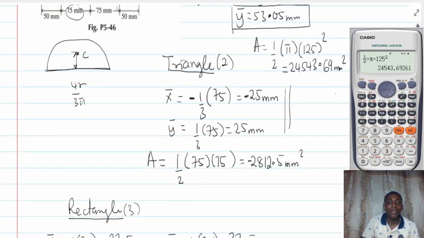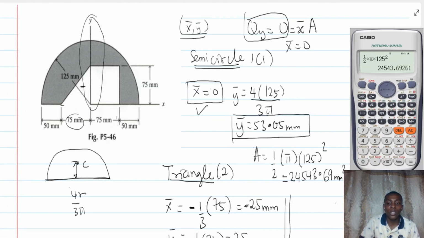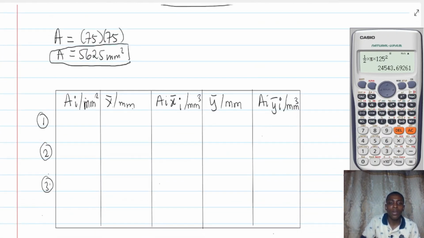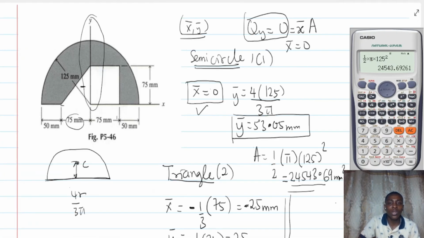The area of the semicircle is not negated. That's what I wanted to say. This area is not negated because it's actually the actual area occupied by the semicircle. So it's going to be 24543.69. The x bar is 0 because the y-axis passes through it, therefore the first moment of area about the y-axis is 0.